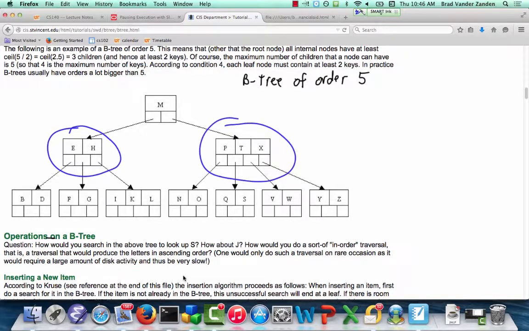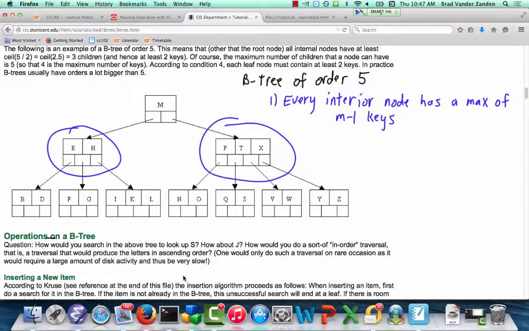One thing to keep in mind is that if it's of order m, then every interior node has a max of m minus 1 keys. So that can be confusing.